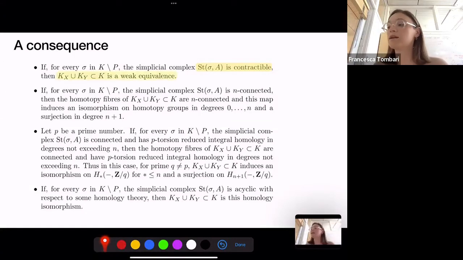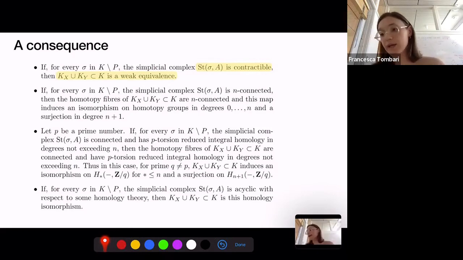Then the inclusion map of the data-driven decomposition of K into K is a weak equivalence, or homotopy equivalence. This is telling us, okay, this is a good decomposition in order to understand the simplicial complex K by just looking at the data-driven decomposition.